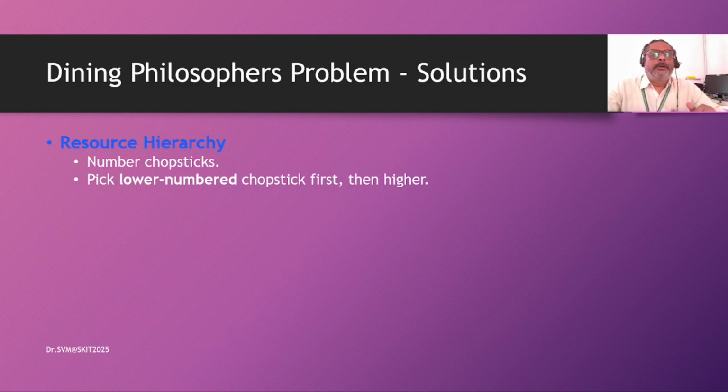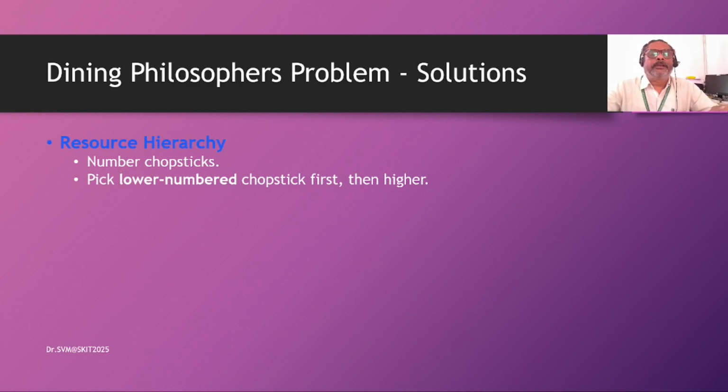Now if we somehow make sure that any philosopher who wants to eat picks the lower number first and then the higher number, then philosophers 1, 2, 3, 4 have to choose the left one first, whereas philosopher 5 should choose the right one first.